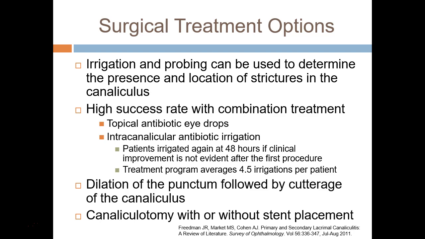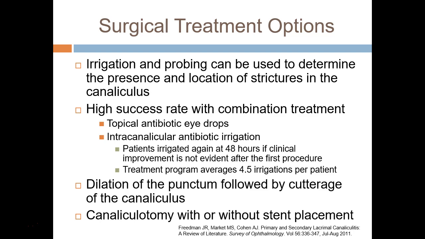If somehow I couldn't get it opened up, because you saw it was blocked, you could probe it, you could irrigate it, see if you could figure it out. I put them on drops. I've had some success where I do an initial intracanalicular antibiotic irrigation, and if they don't show improvement at 48 hours, I do it again.